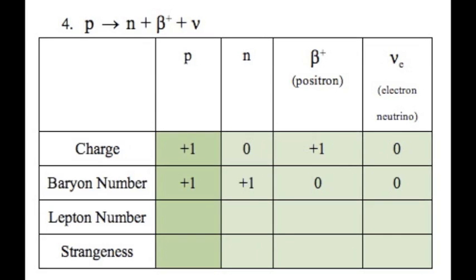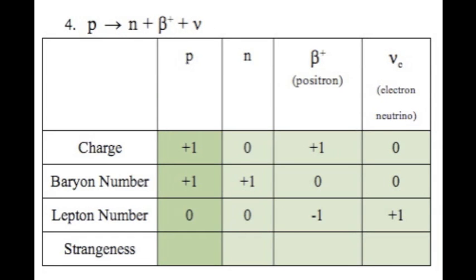Next, baryon number. 1/3 plus 1/3 plus 1/3 equals 1. So baryon number of 1 for both the proton and the neutron. And then both the positron and the electron neutrino have baryon numbers of 0. So we know that the baryon number is conserved. For the lepton number, protons and neutrons are not leptons, so they have a lepton number of 0.